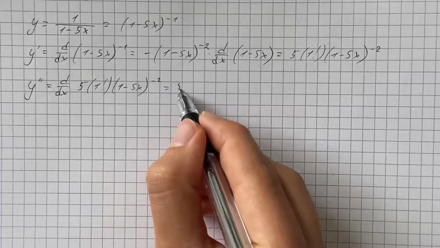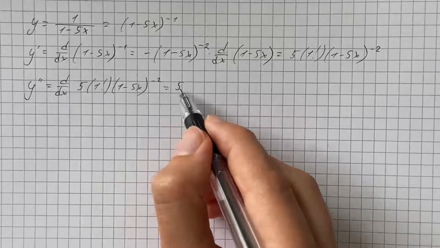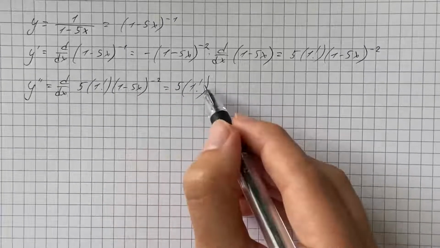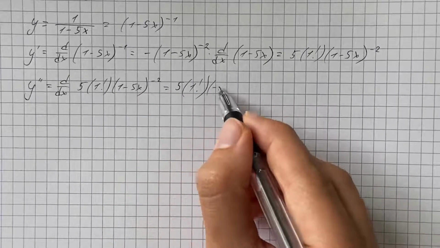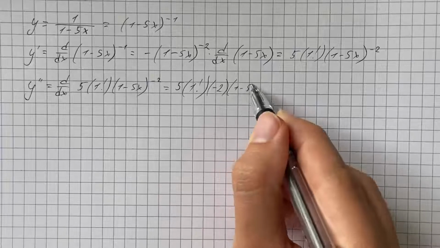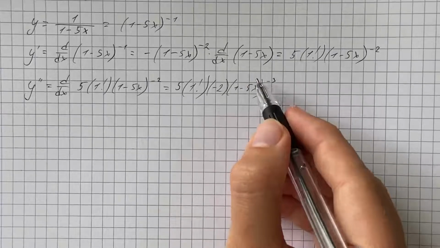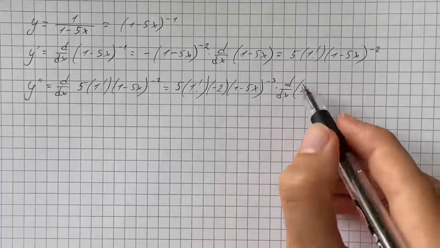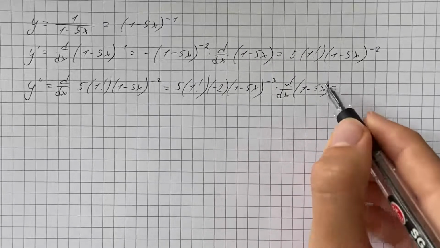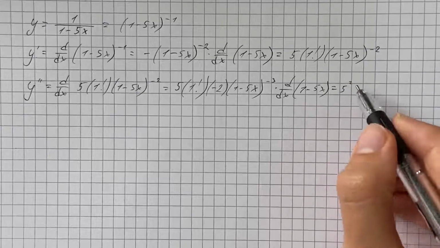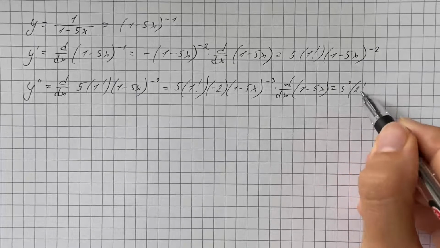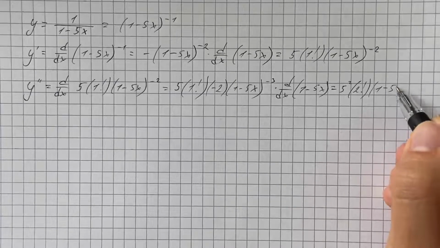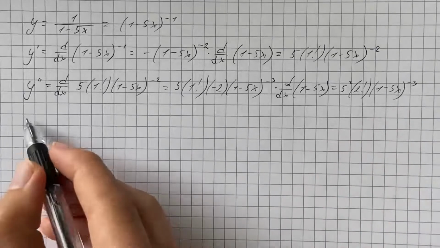Therefore I get 5 factorial of 1, then here we get -2 times (1 minus 5x) to the power of -3, and multiply by the derivative of the inner function, which is 1 minus 5x. Therefore we get 5 squared times factorial of 2 times (1 minus 5x) to the power of -3.